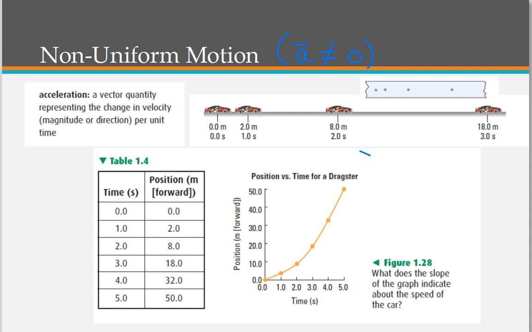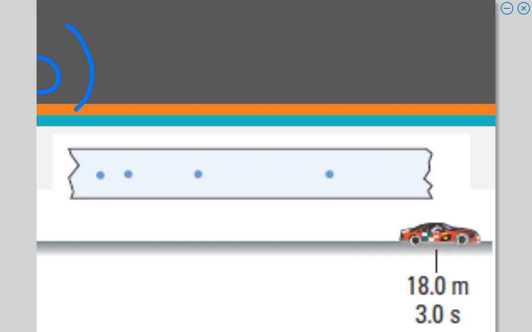However fast that thing is moving through the spark timer, you can determine what type of motion it is. If you look at this spark timer, look at the dots. Are they equally spaced out? No. And that's all you've got to check. If they're equally spaced, it's uniform motion, because in the same amount of time, it would have the same amount of distance. Okay? So you guys can sketch that in.